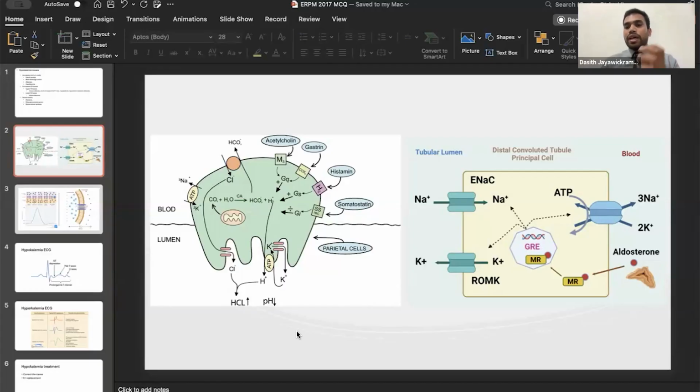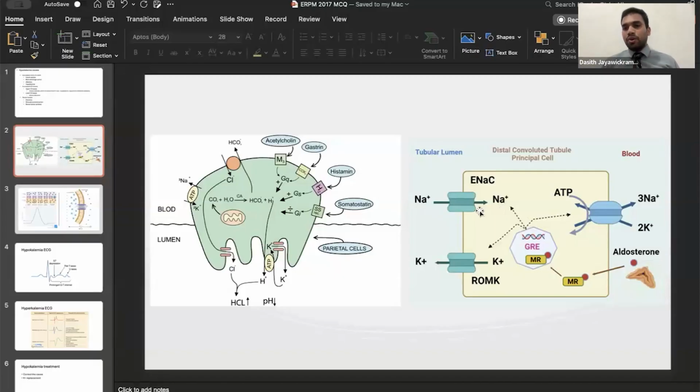This aldosterone acts on the principal cells in the distal convoluted tubules, where it opens up the ENaC channels and acts on the sodium-potassium ATPase, in which sodium is retained in exchange for potassium, and this potassium is excreted out into the lumen of the kidney. So the potassium is lost actually not with vomiting, but with the urine, as a compensatory mechanism for the dehydration.